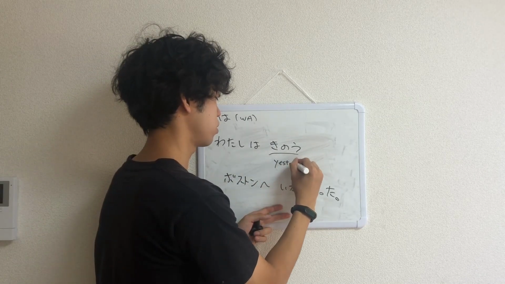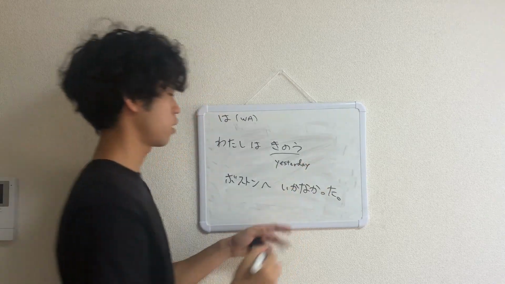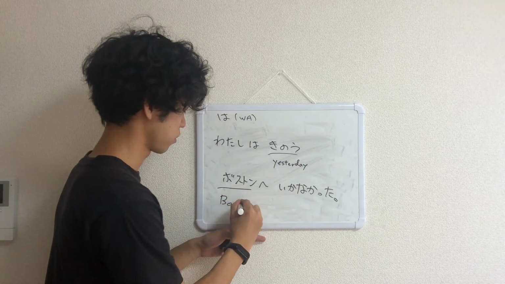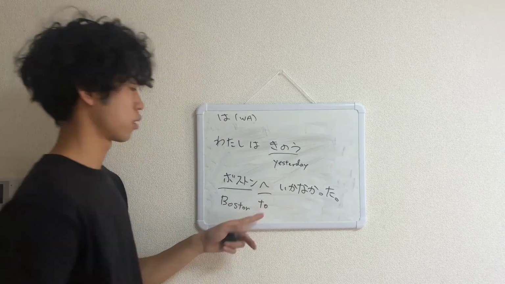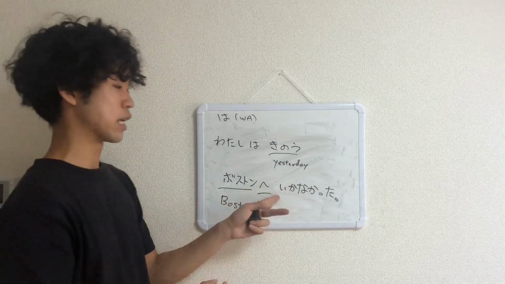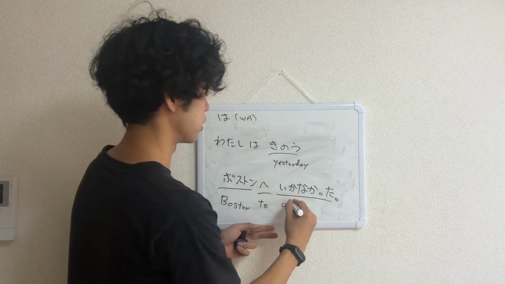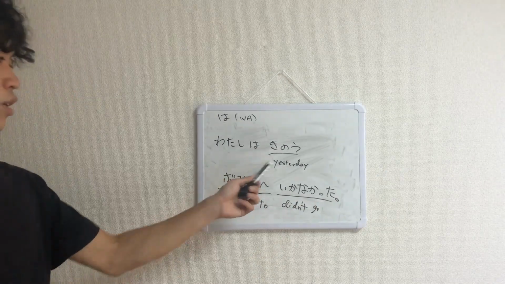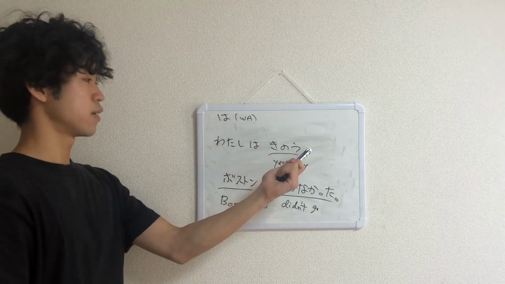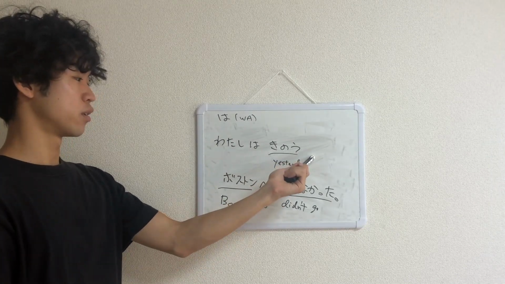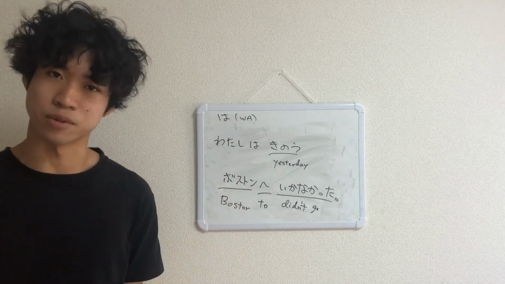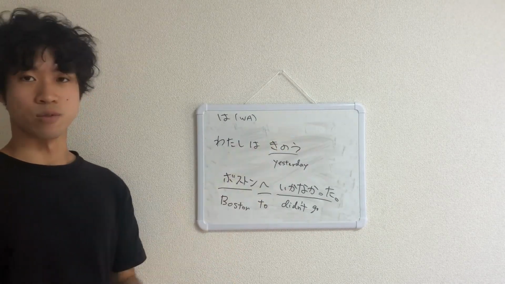Boston. It is to, as in didn't go to, didn't go. So I didn't go to Boston yesterday. I can put wa here or here. Does that change the meaning? Absolutely. So let's look at kino wa.